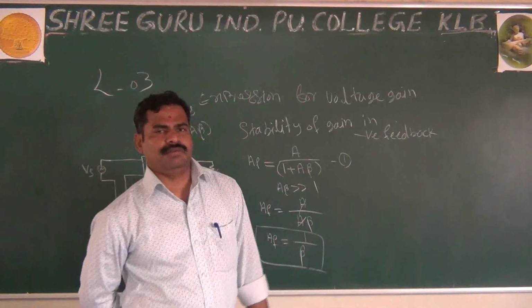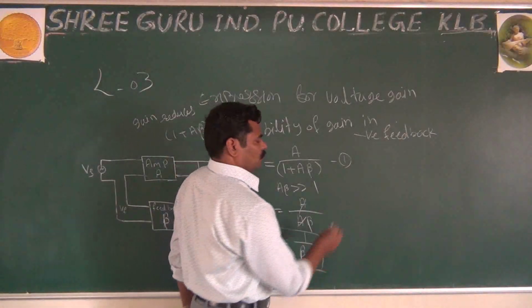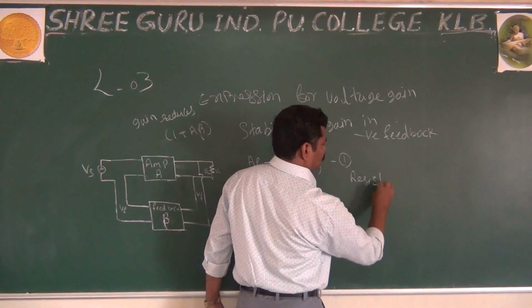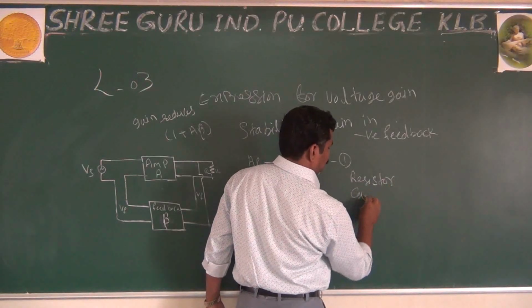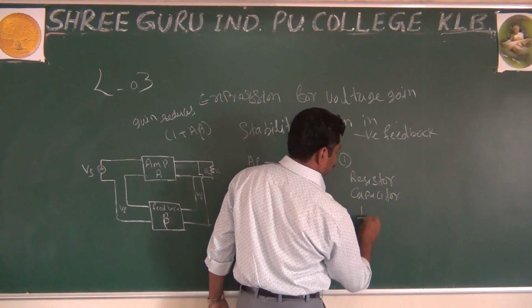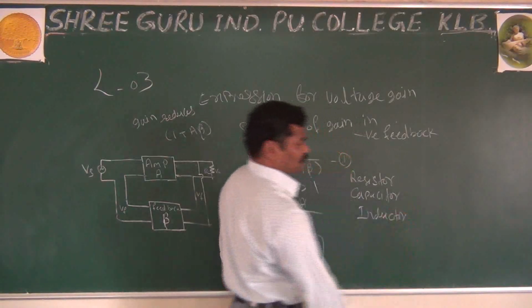And what is the feedback network? The feedback network contains resistor, capacitor and inductor. These are all passive components.